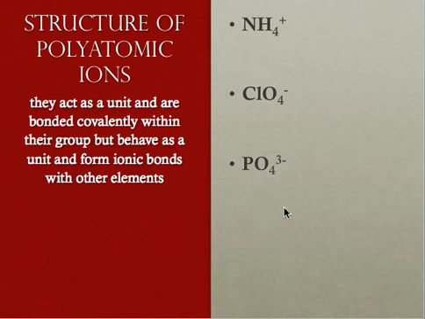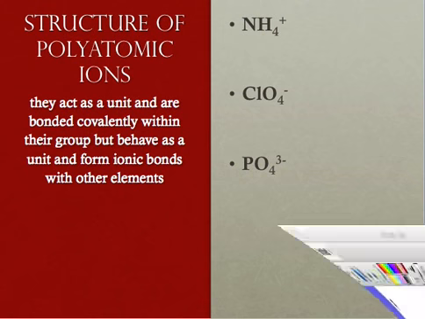Alrighty, so let's first start with the ammonium ion. For a neutral molecule, you would have NH3, but NH4 is charged because NH4 is a polyatomic ion, so it behaves like ammonium. The reason that it works that way is because nitrogen has that lone pair of electrons.